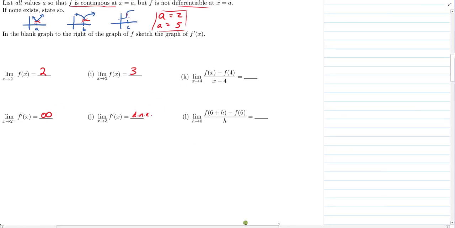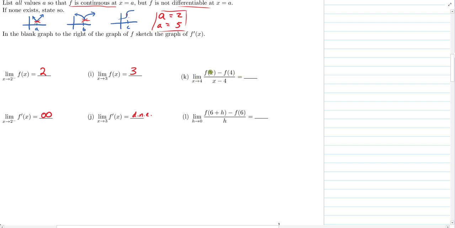These last two problems, I cannot overemphasize how much I think you should focus on these two problems. It's very important to me that when you look at these limit questions, you don't just see an ordinary limit. You see two special limits that we've been studying for quite a while. This expression right here is just the limit definition of the derivative.